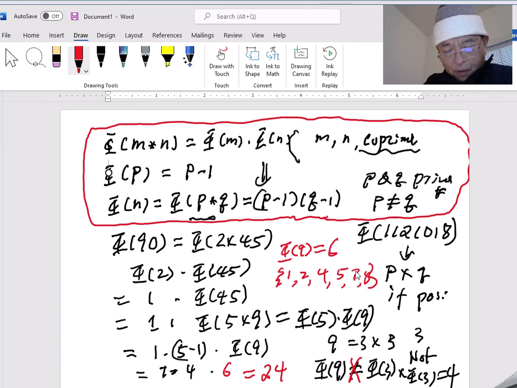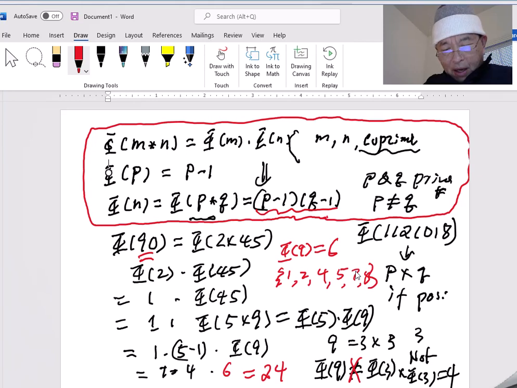So you have 24. You will see that when you can break up this number 90 into the multiplication of two numbers, or into prime numbers like this, the totient is just a multiplication away.